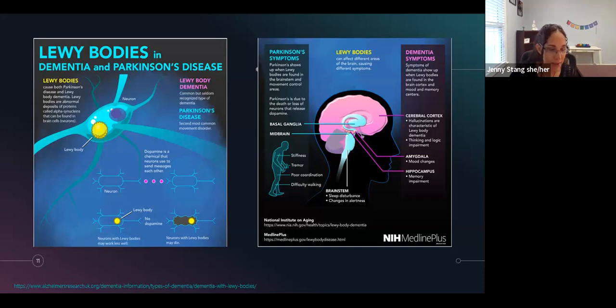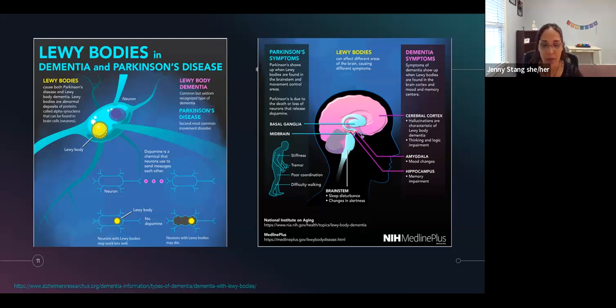People who have Parkinson's disease are more likely to go on to develop dementia, and this is known as Parkinson's disease dementia. Okay, so some people have Parkinson's disease and they do not develop dementia. However, there are some who do. Okay, Lewy body dementia and Parkinson's disease dementia can affect people in very similar ways.